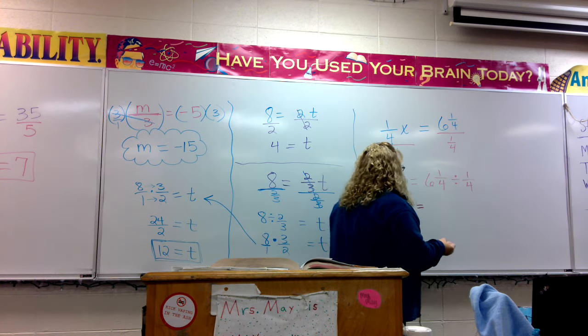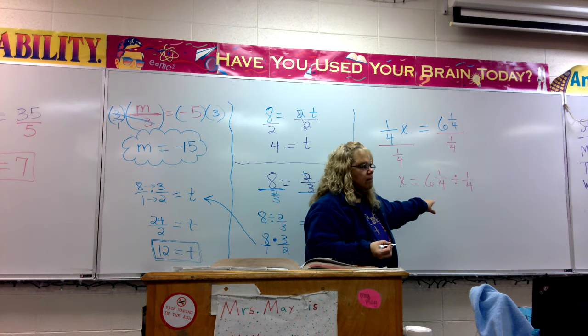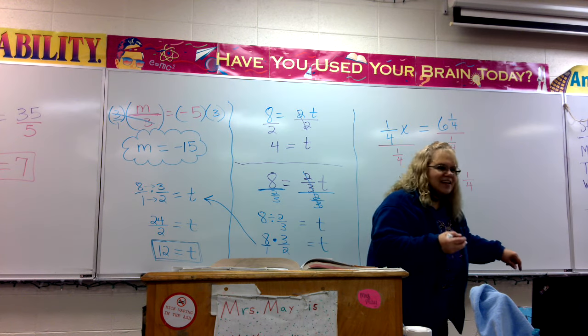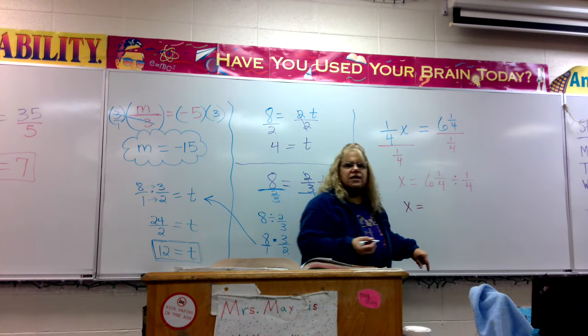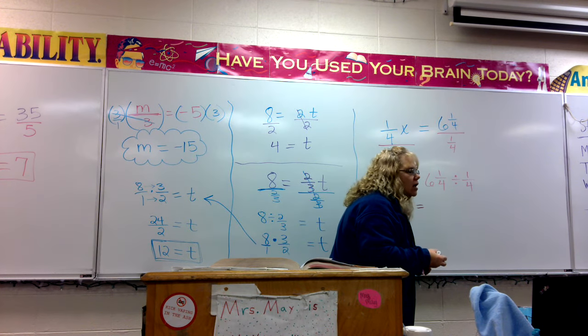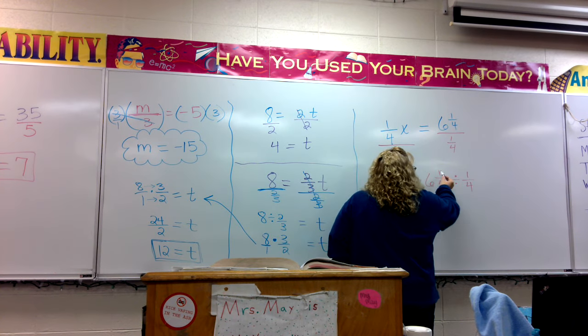Ooh, that's a pretty color. What should I do with this? Anything? Yeah, multiply 4 and 6. Yes, I would change it to an improper. Is that what you said? Never mind. Multiply 24 and one more.